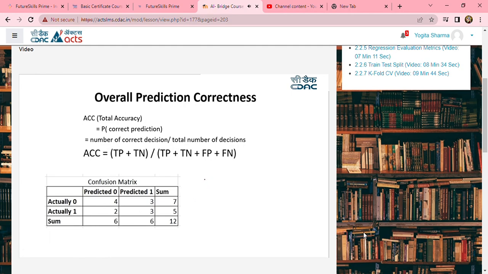For our problem, the accuracy score can be calculated as 4 plus 3, true positive plus true negative, divided by all the observations, that is actually 12. Hence, for our problem, 7 by 12 is the accuracy score.